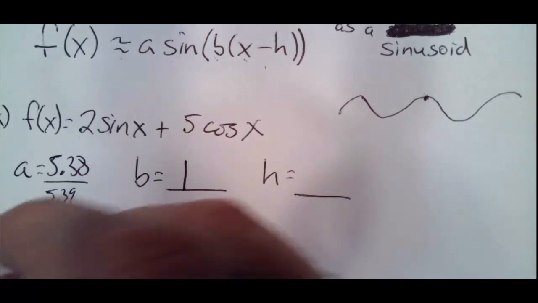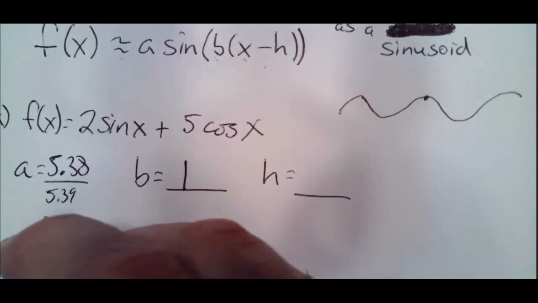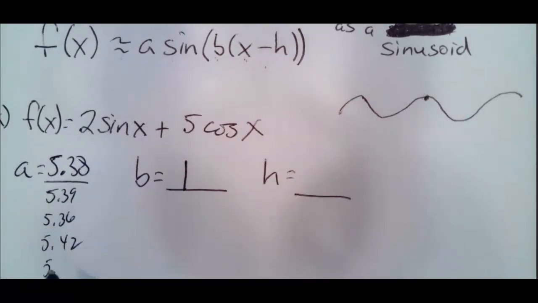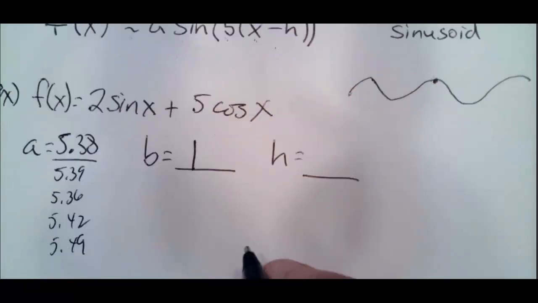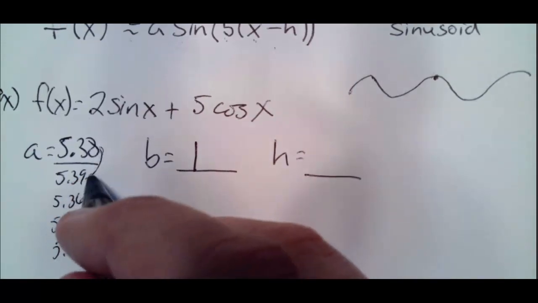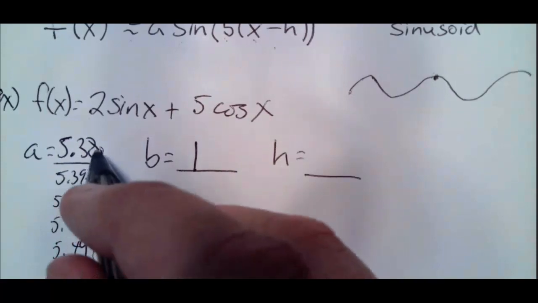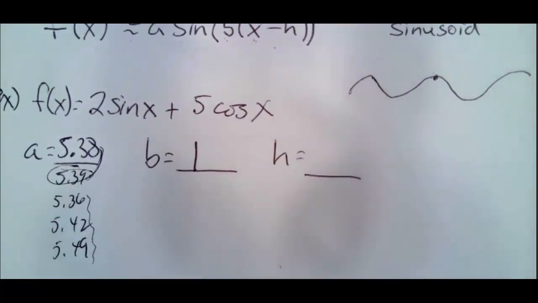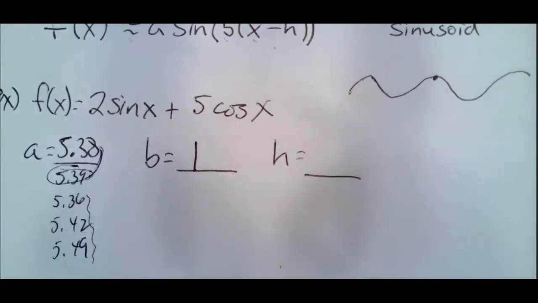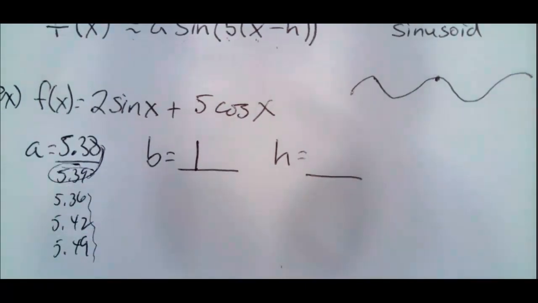So let's say your answer choices were 5.39, 5.36, 5.42, 5.49. Well, it's pretty obvious that 5.38 is closer to 5.39 than any of these. So that would be the one you would choose. That's what I mean by when you're doing it with the calculator, you're not going to get it exact like maybe what the book says. So you try to get the one that's closest to it. So that's how you find A.